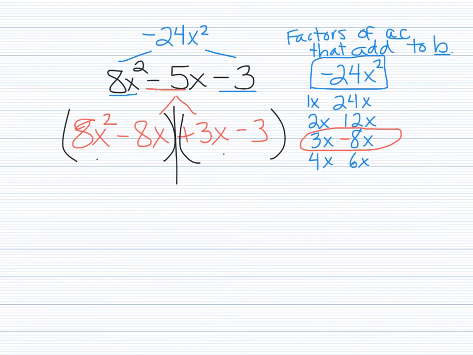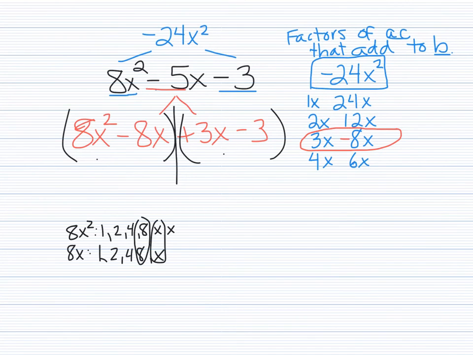But in case you don't see it, I'm going to take 8x squared and look at the factors of that. So I've got 1, 2, 4, 8, x and x, and 8x is 1, 2, 4, 8, and just 1x. So I can see that they both have 8 and they both have an x.